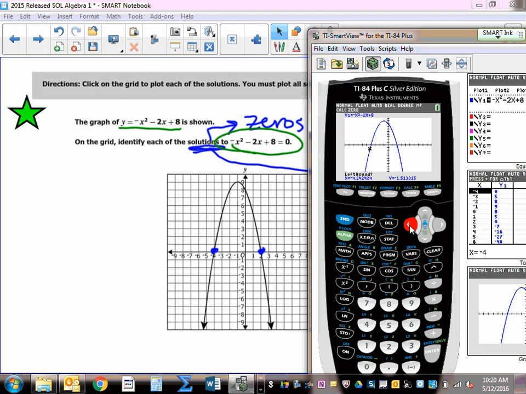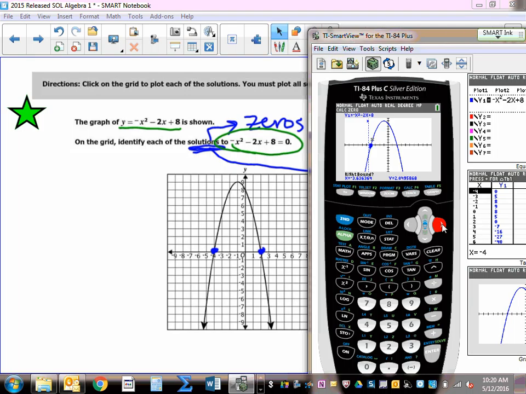So it says left bound. I get it on the left side of it. You can go anywhere on the left side. You can go further down or closer. It doesn't matter. Once you've gotten it on the left side, hit enter. Now it's going to ask you right bound. So now we arrow to the right. So we go past it, because again, we know this is our solution here.